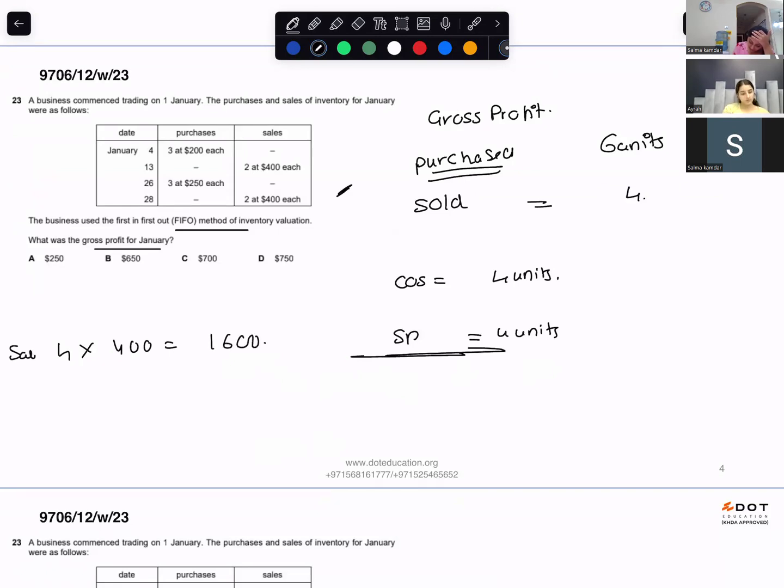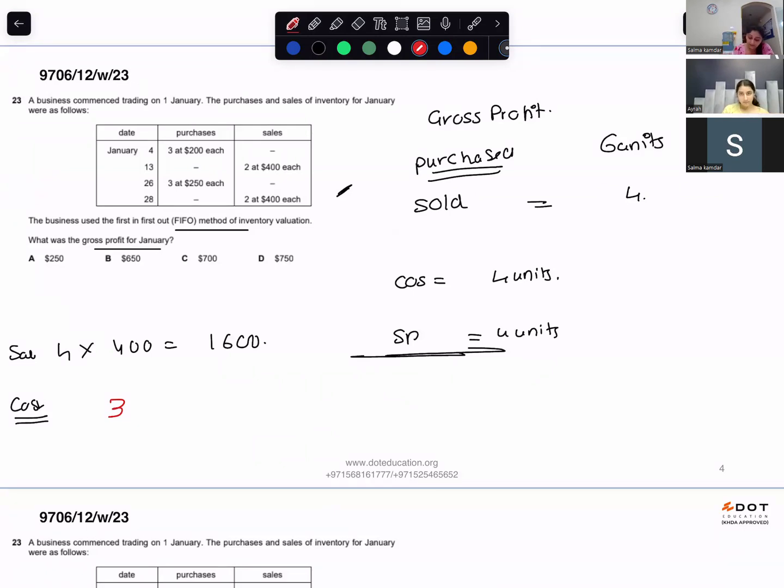Now the cost, first in, first out. That means that the first stock was sold. So purchase first will be sold first.